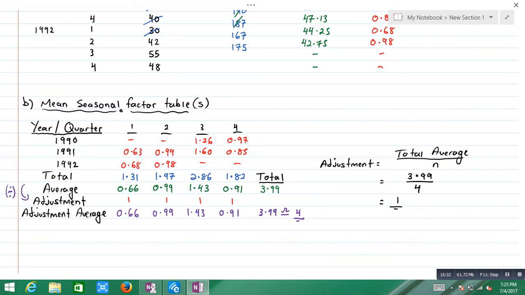Next, let's find the sales now. Sales for quarter 1 of 1993. Now, the original here is S equals Y divided by T, correct? We need to find the sales Y, correct? If I reverse the formula, how does it look? Y equals S times T. If you reverse it, it becomes multiply.